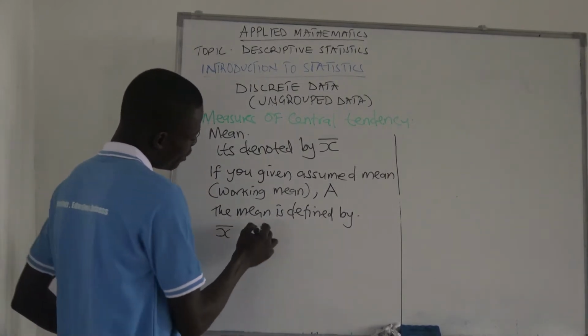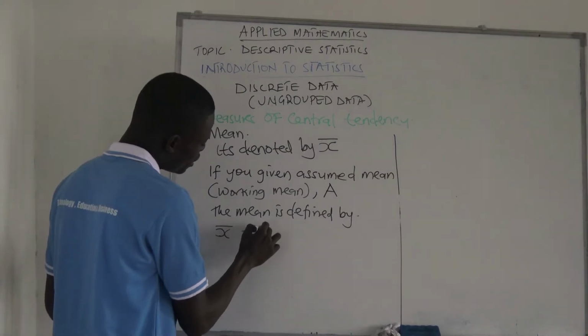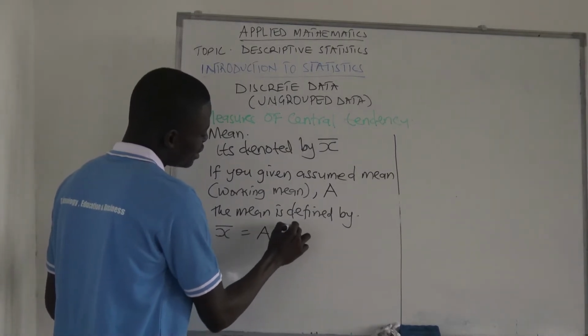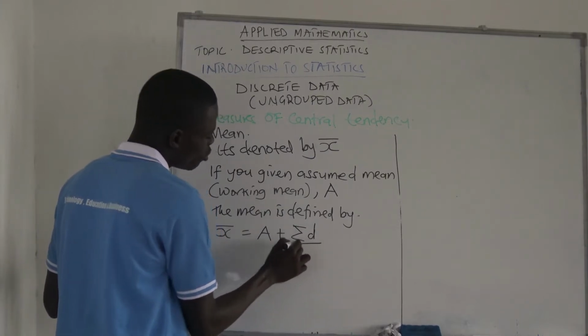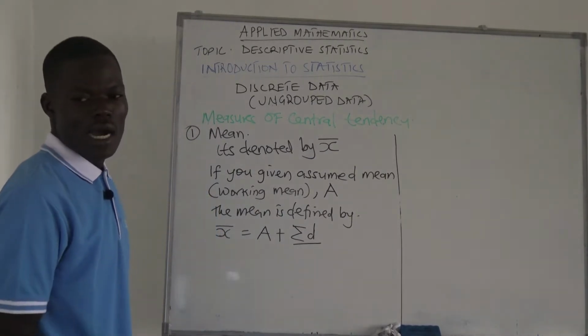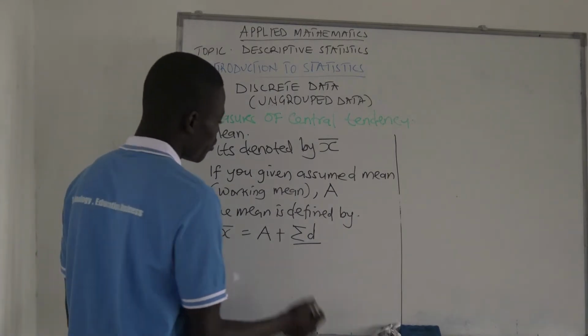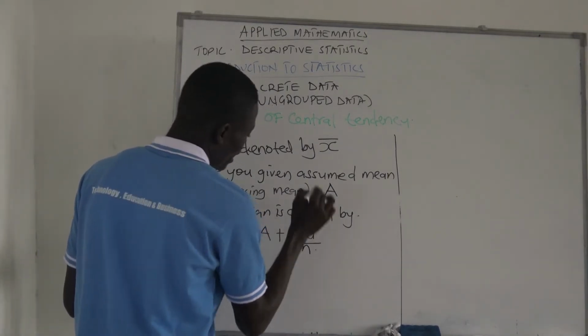We take the assumed mean, which is given, plus summation of d out of the number of variables, out of n.